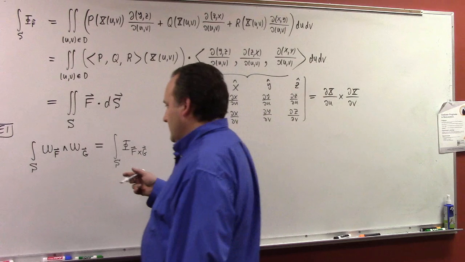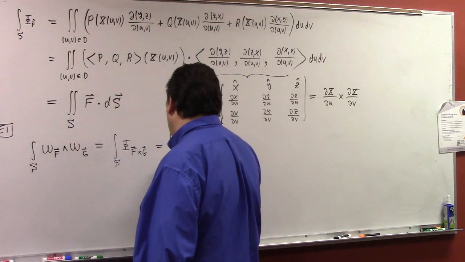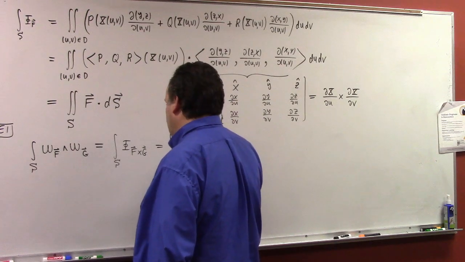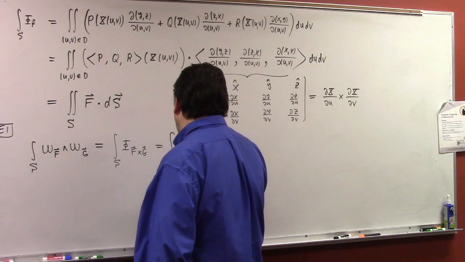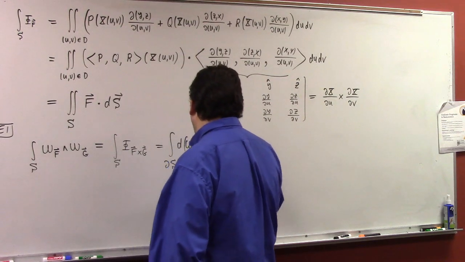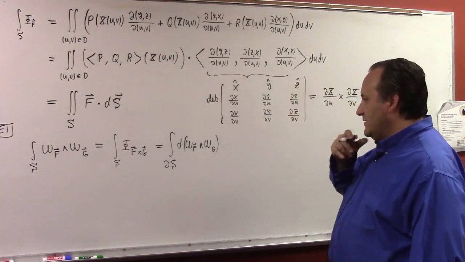But then if we believe the generalized Stokes theorem, we can say this is really equal to the integral over the boundary of the surface, right? Of the exterior derivative of omega f wedge omega g, right? And what's that look like?